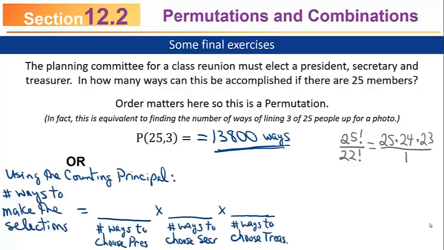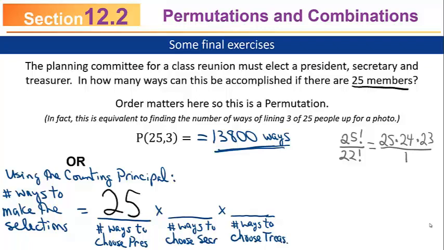The second thing you could do, though, is think of this as a counting principle problem. And if you do it that way, there are 3 choices you have to make. You have to choose the president, then you have to choose the secretary, and then you have to choose the treasurer. Think of it as a counting principle problem where you've got 3 decisions to make. So how many ways can you choose a president from 25 members?